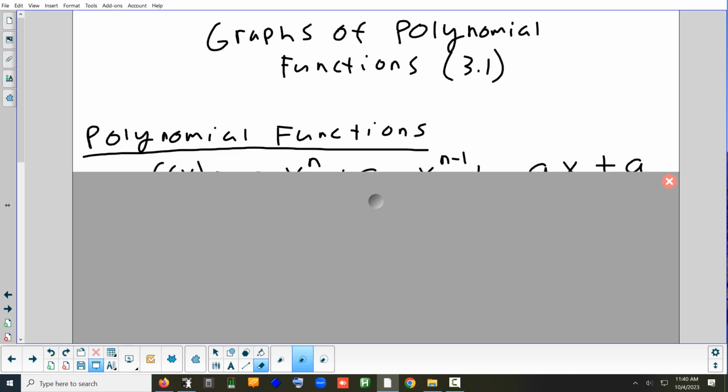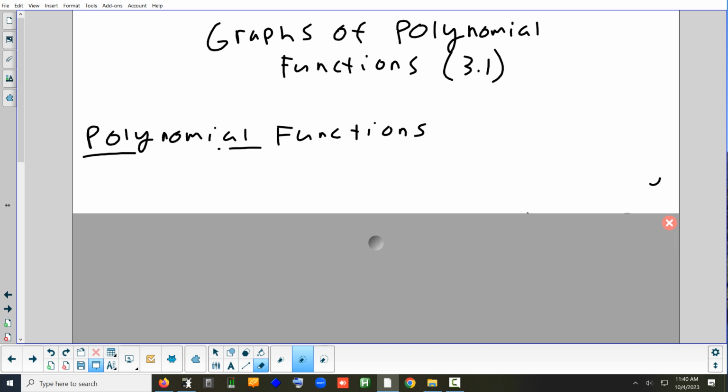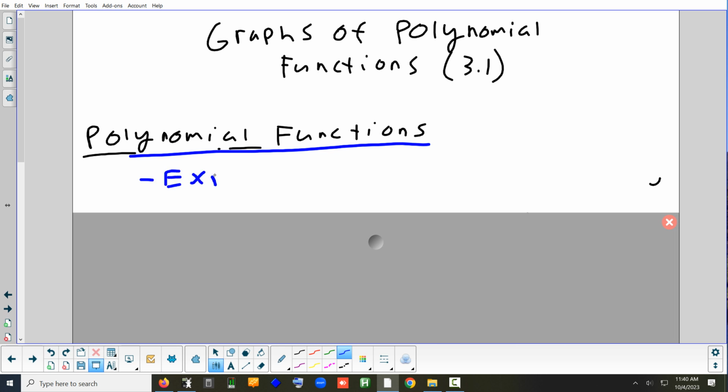And there's a couple things that a graph has to have to be a polynomial. You can have exponents, but the exponents have to be non-negative integers.